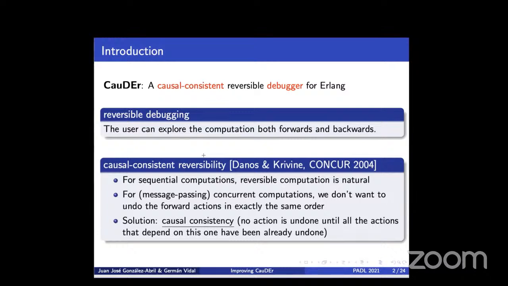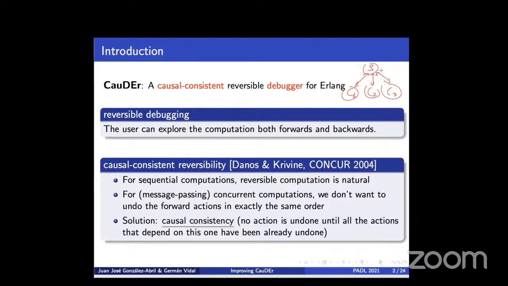But extending this idea to the context of a concurrent language is not so easy. In particular, let us consider some typical client-server application, in which we have a number of clients, say C1, C2, and C3, that perform mostly independent actions.